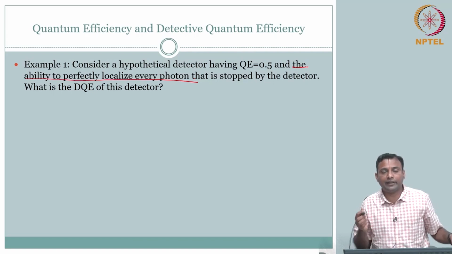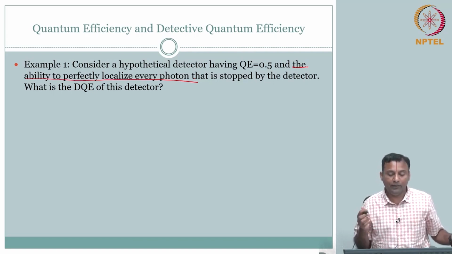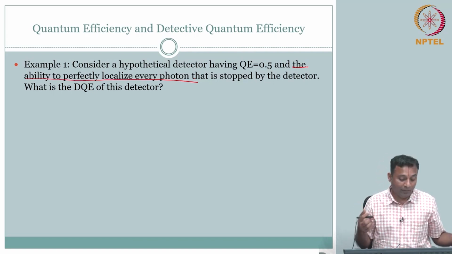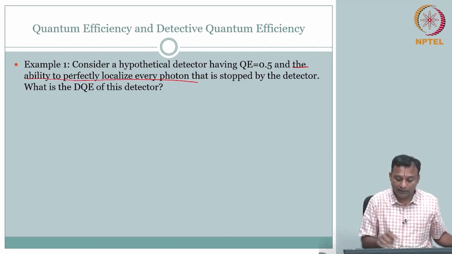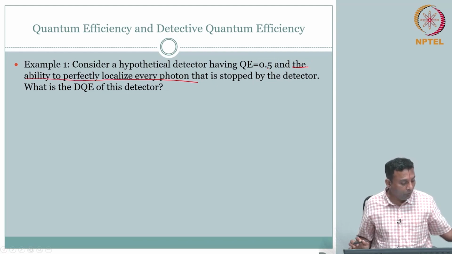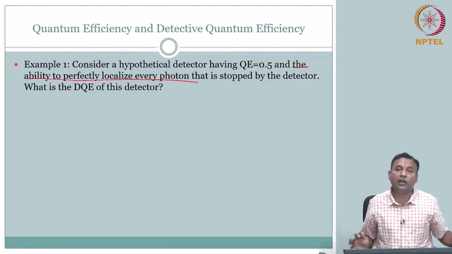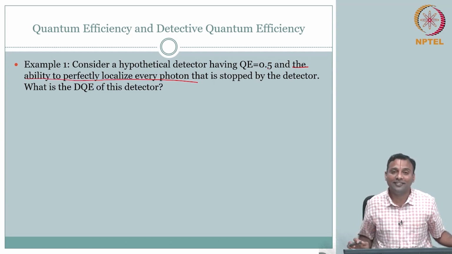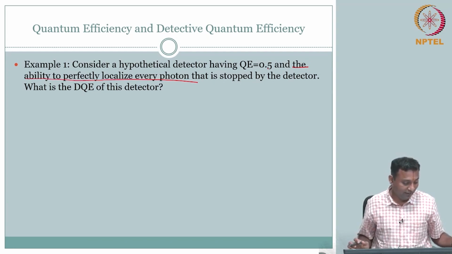You could have two detectors with the same QE, but one may have some randomness. But here, QE is 0.5 and it has the ability to perfectly localize every photon. So what does it mean? That means I do not have any more degradation in the performance.